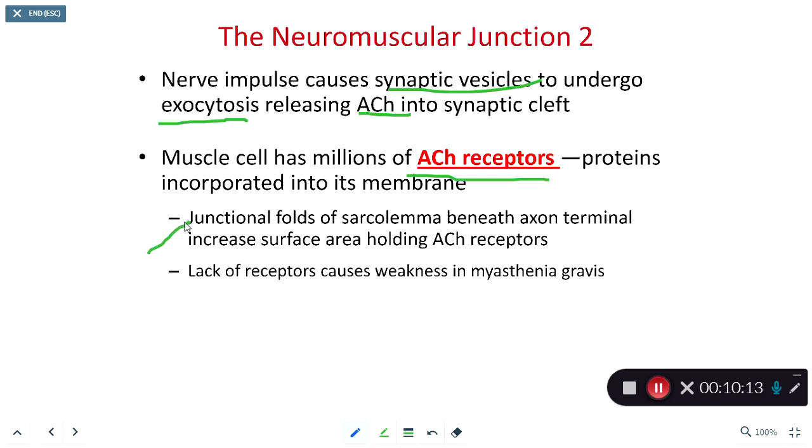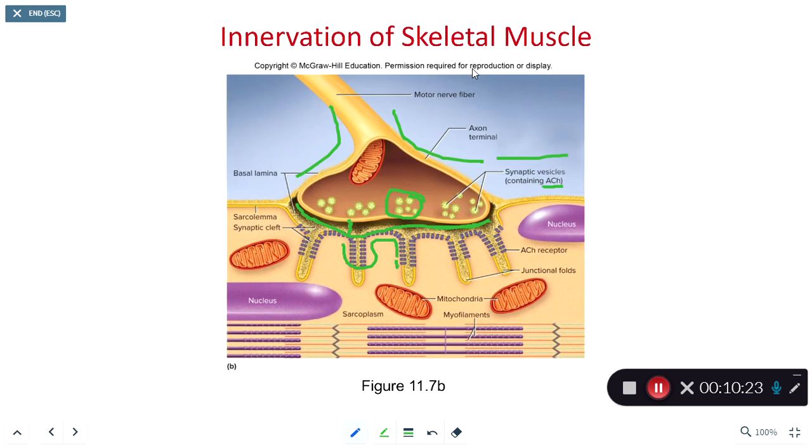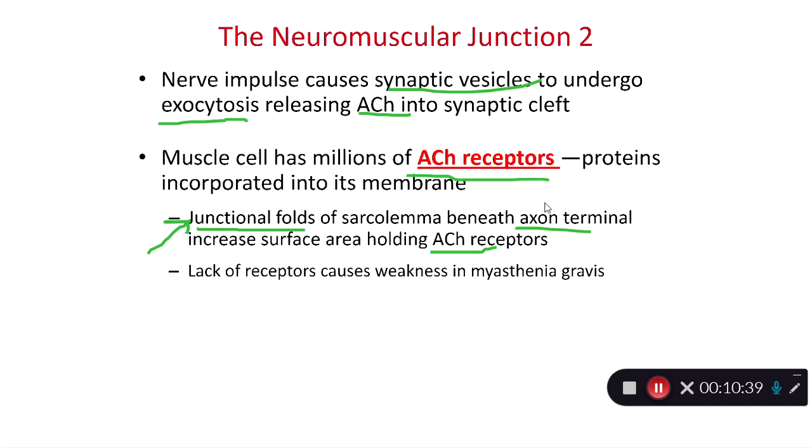There are going to be folds in the sarcolemma directly beneath the axon terminal that house lots of acetylcholine receptors. These folds serve to increase surface area. And by increasing surface area, we can pack more acetylcholine receptors in a smaller space to better receive those acetylcholine molecules that are transmitting the signal from the nerve fiber to the muscle fiber.